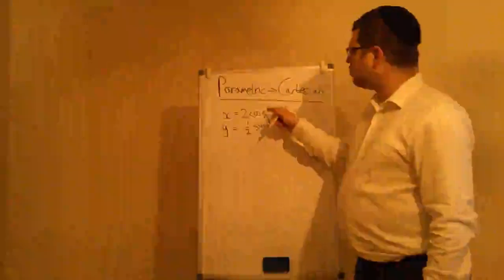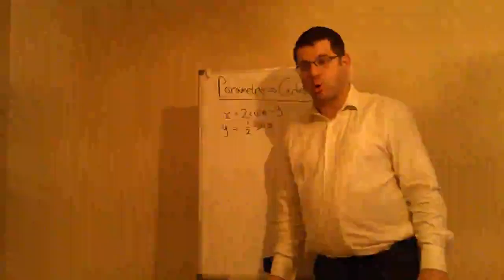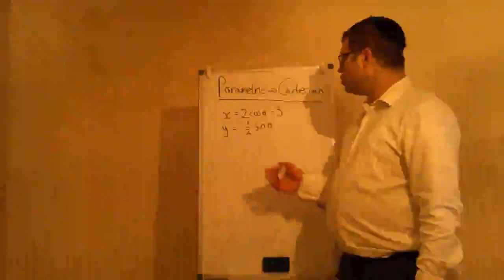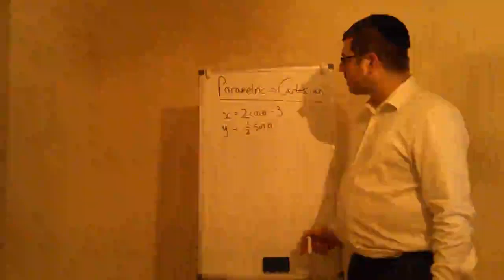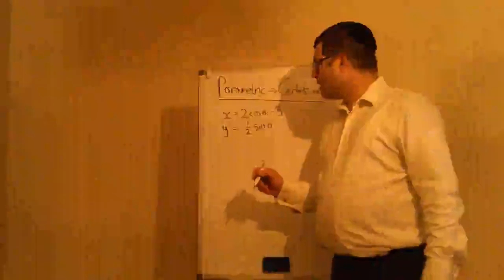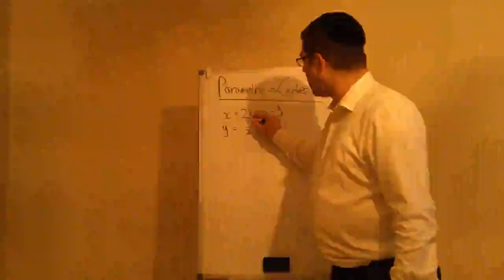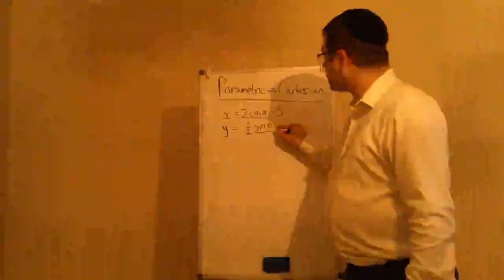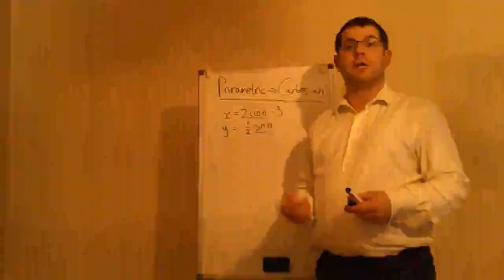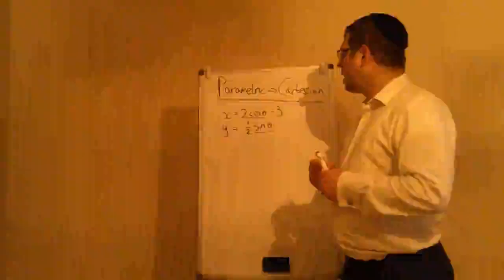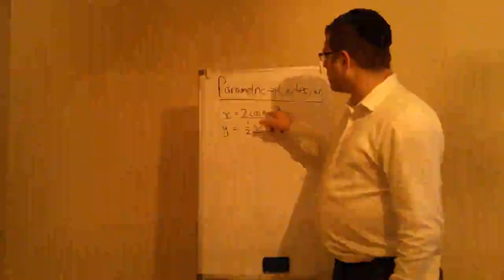So what we do with trigonometric parametric equations is we isolate the trigonometric functions, i.e. the cos theta, the sine theta, maybe in another example it will be sec, tan. In other words, we have to get rid of the minus 3 and the 2.